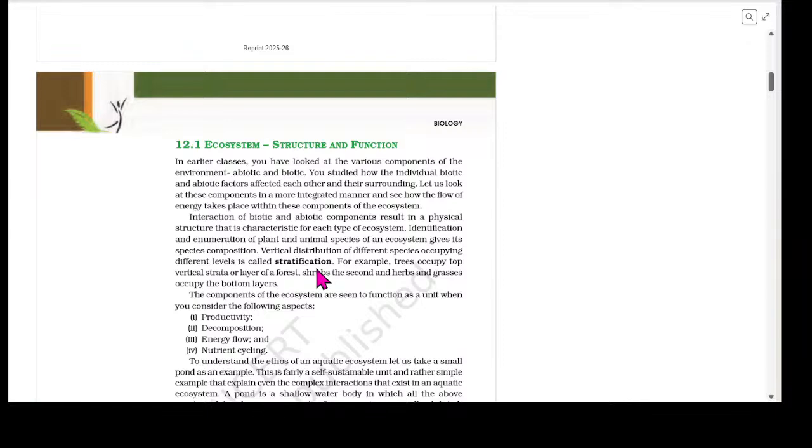For example, trees occupy the top vertical stratum or layer of a forest, shrubs the second, and herbs and grasses occupy the bottom layers. The components of the ecosystem are seen to function as a unit when you consider the following aspects: productivity, decomposition, energy flow, and nutrient cycling.